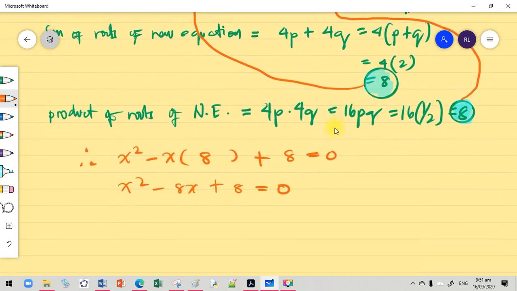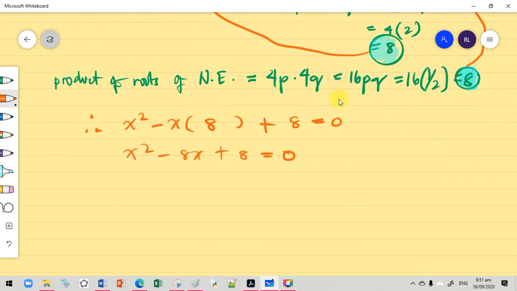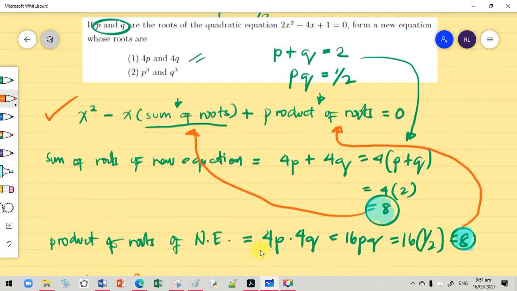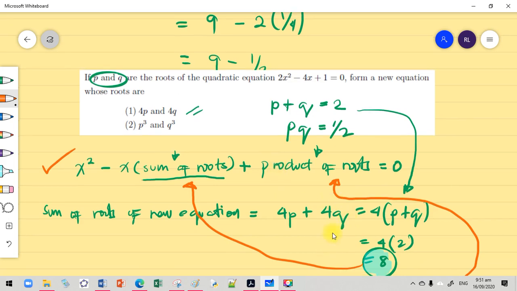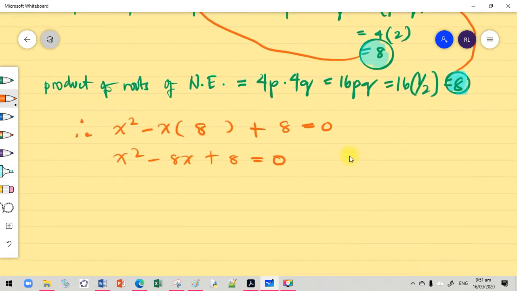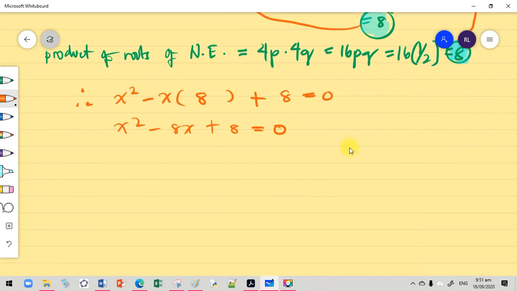So again, let's take the sum. We already know the value of p plus q and pq. So it's like the previous problem. We're going to express p cube and q cube in terms of p plus q and pq, because that's the equivalent expression that we can rewrite into.